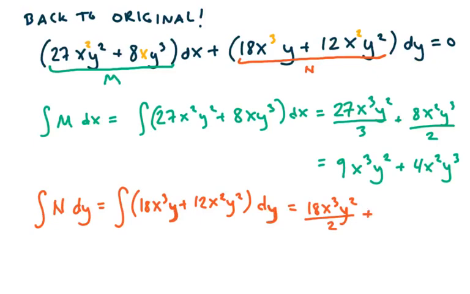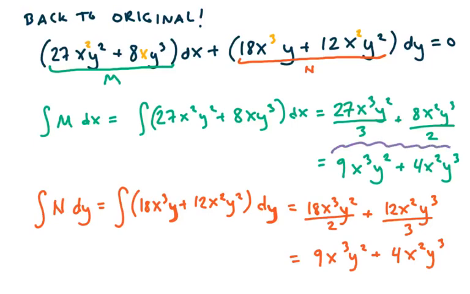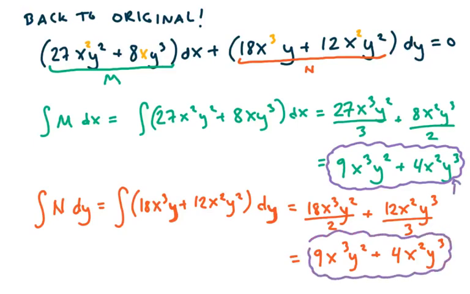The next term, 12x squared y squared, would become 12x squared y cubed over 3. And if we reduce that down, we get 9x cubed y squared added with 4x squared y cubed. And it's at this point that I'm just going to take a step back and compare the solutions that we found by integrating m dx and n dy. So what are your observations about these solutions?